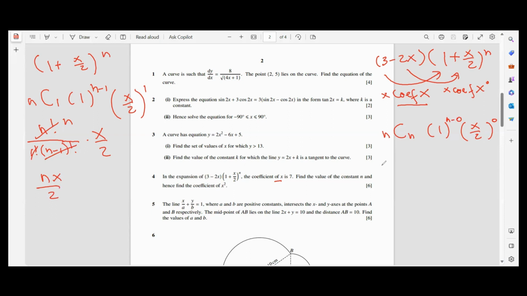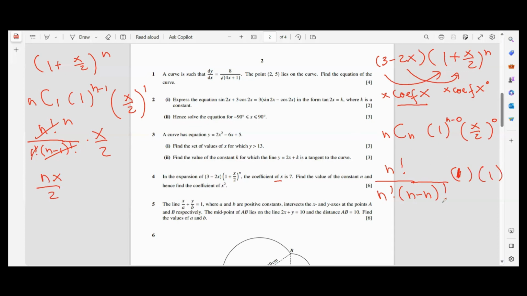So we have n factorial over n factorial, then n minus n factorial. 1 to the power of n is actually 1, and then times the power of 0 is also 1.